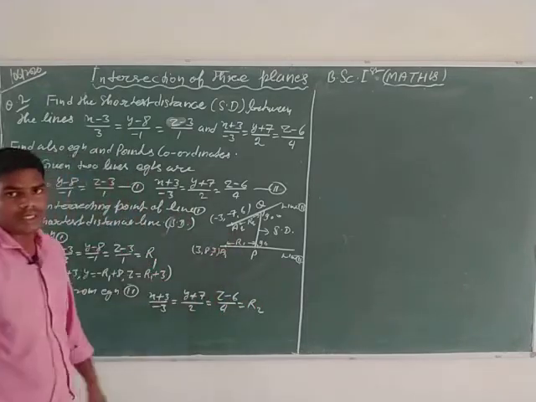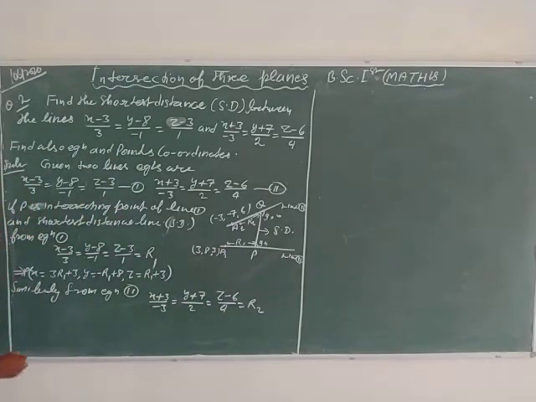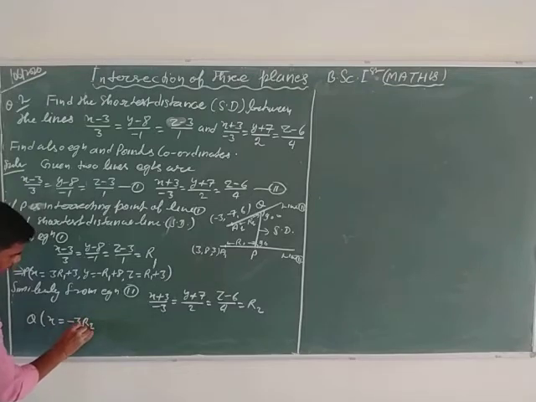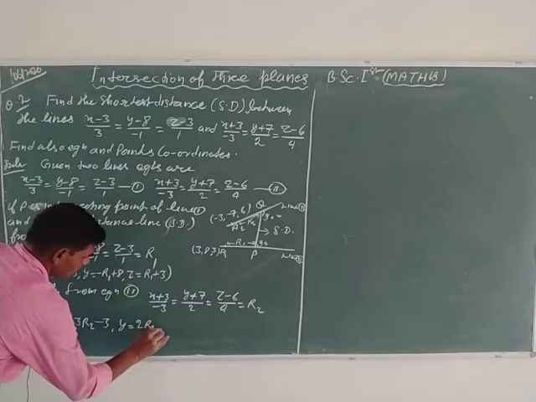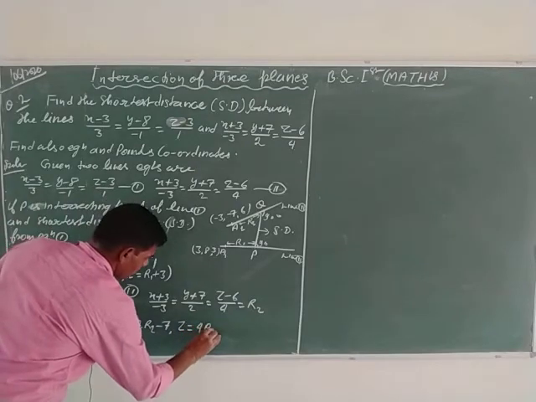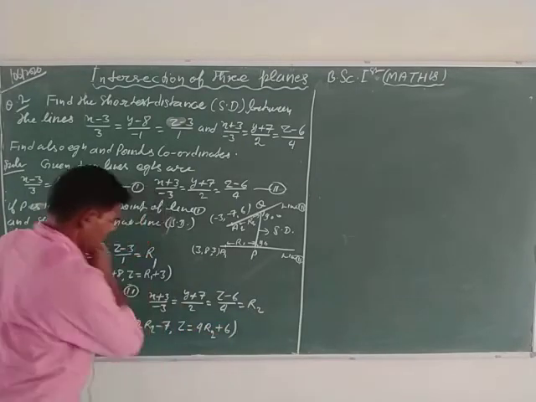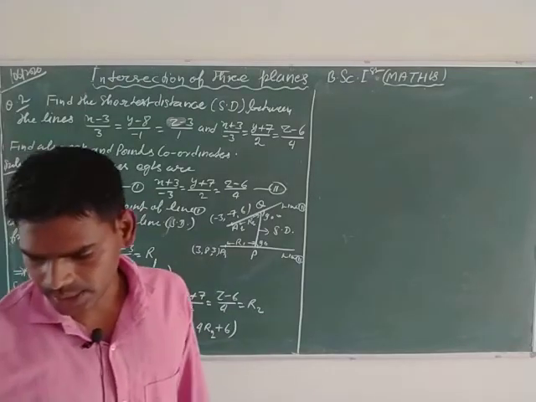Here R2 is shown in the figure. With the help of this, the coordinates of point Q are x equals minus 3R2 minus 3, y equals 2R2 minus 7, and z equals 4R2 plus 6. These are the coordinates of the second intersecting point of SD and the second line.